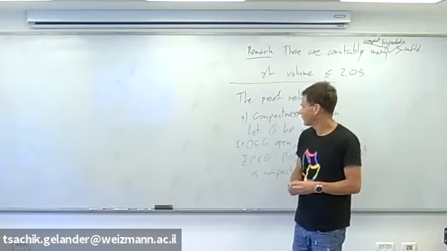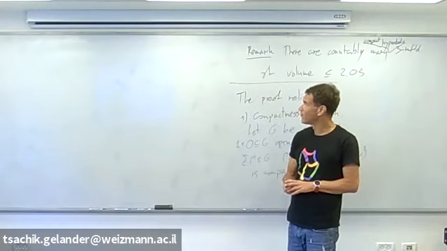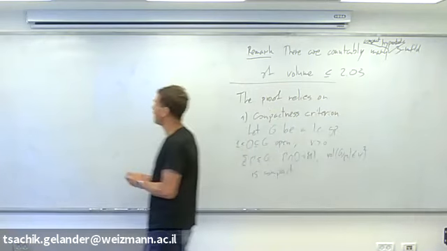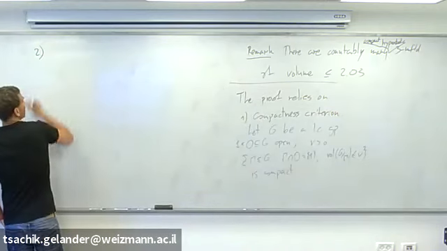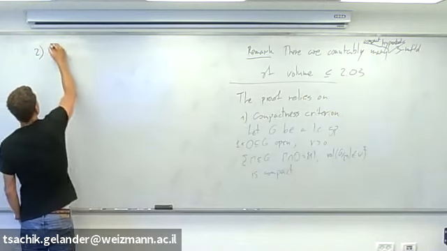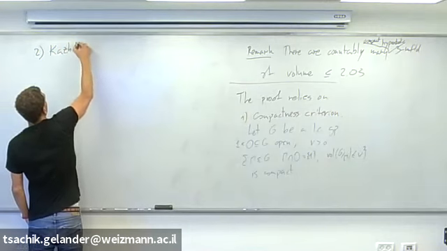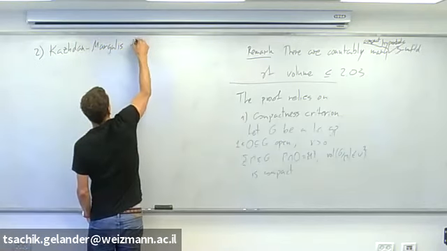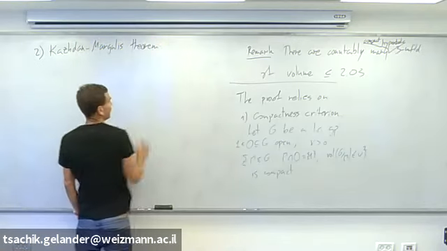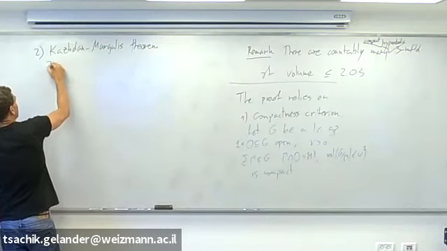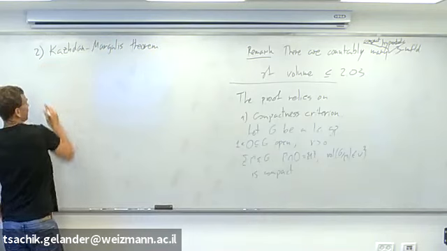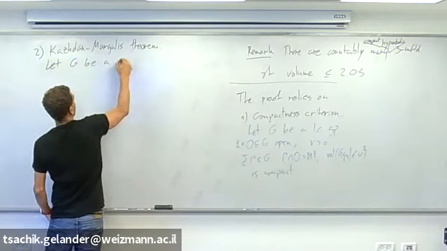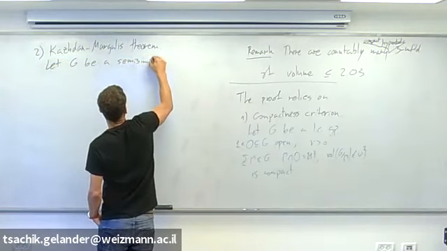Okay, so this is the compactness criterion. That's the first ingredient. Let me write the other ingredient. The second ingredient is Zassenhaus' theorem. It is more general, it also applies for rank one and two, so let G be a semi-simple Lie group.